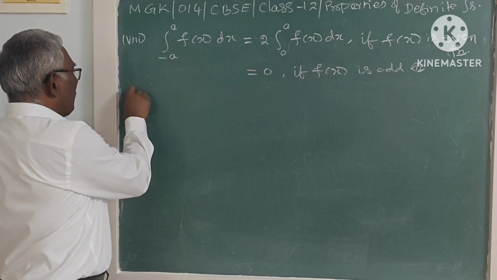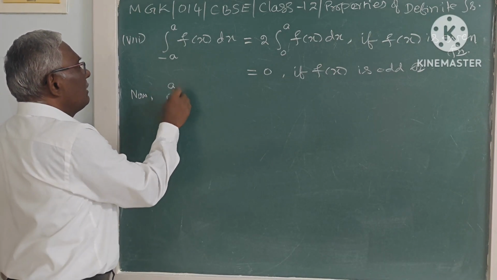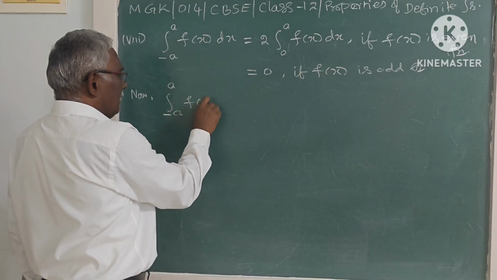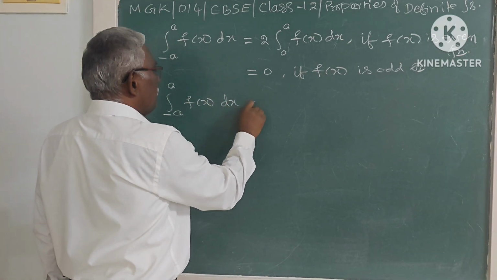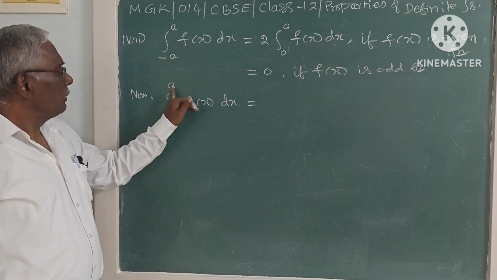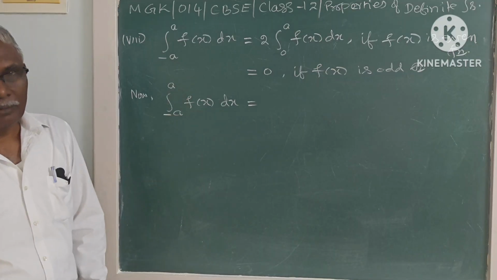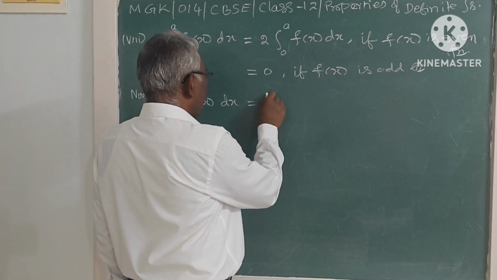Now, integral minus a to a f of x dx, we can write as integral minus a to 0 f of x dx plus integral 0 to a f of x dx, like that.